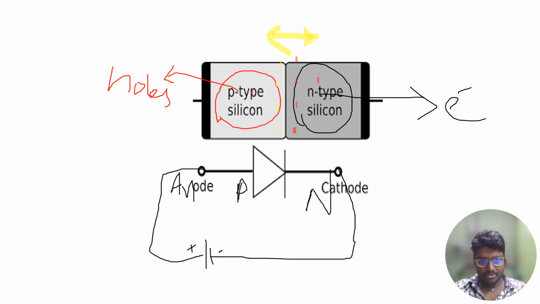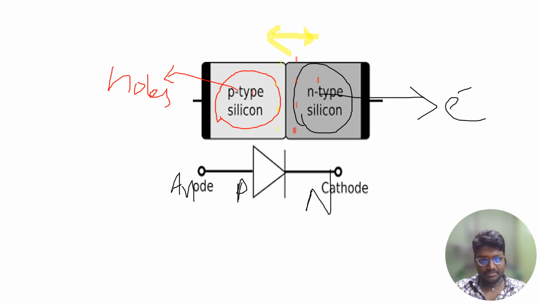If you are adding the negative terminal for the p-type and the positive terminal for the n-type, then the bias will be reversed. This one is minus and this one is plus.